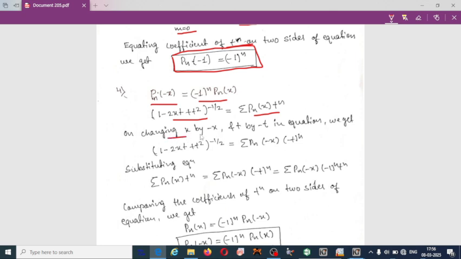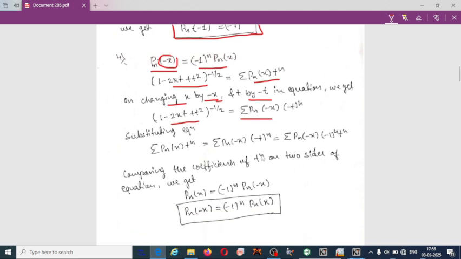On changing x by minus x, wherever x is there we change it to minus x, and t by minus t, in the equation we get 1 minus 2xt plus t square to the power minus half equal to summation Pn of minus x, minus t to the power n. Substituting, we will get summation Pn of x t to the power n is equal to summation Pn of minus x, minus t to the power n.